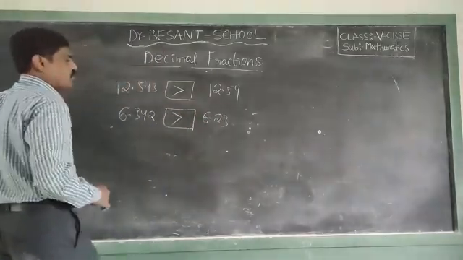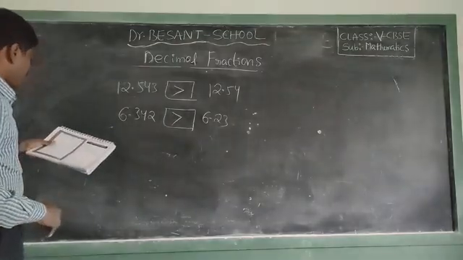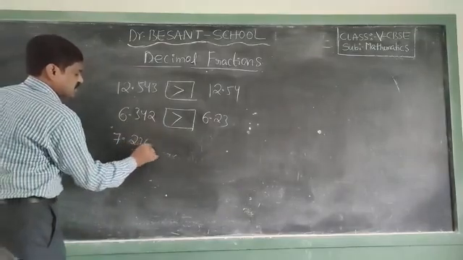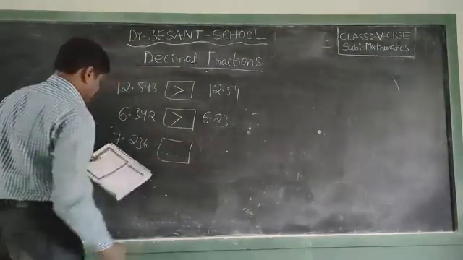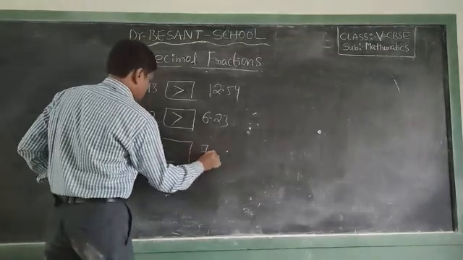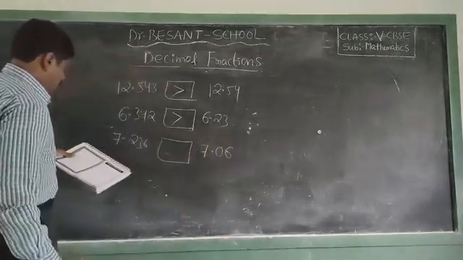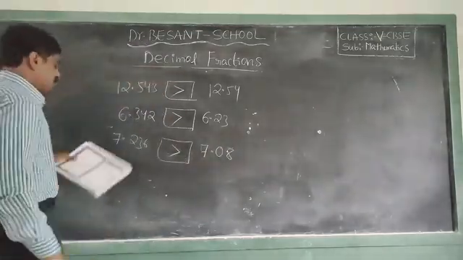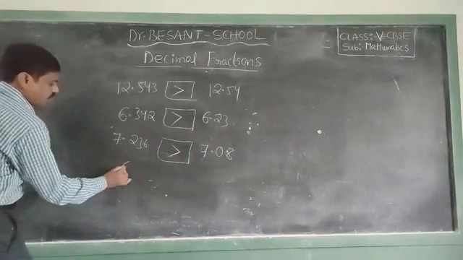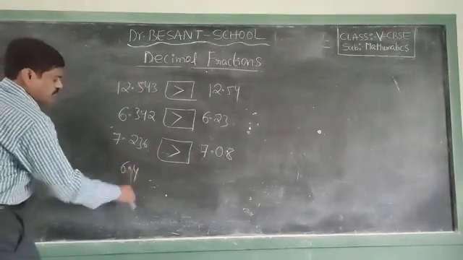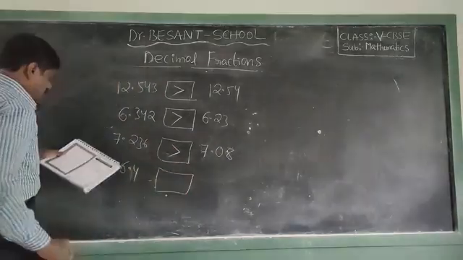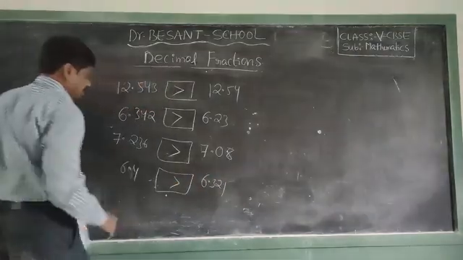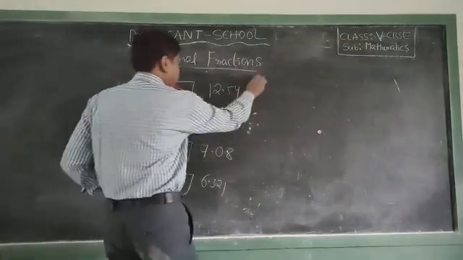So 6.342 is more than 6.23. 7.236 is greater than 7.08. So this is also greater than. 6.4 is greater than 6.321.